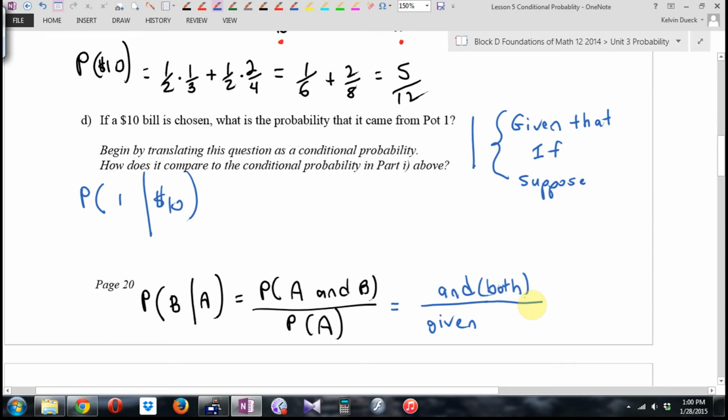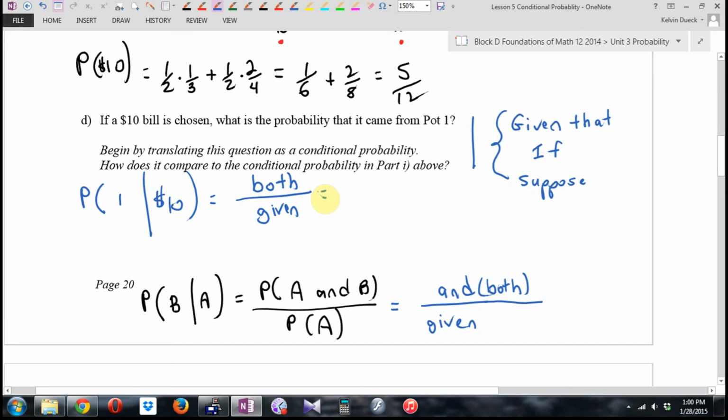Let's answer the question now, Kyle. It says, if you know that we have a $10 bill, what's the probability that it came from pot one? And I'm going to tell you it's going to be the branch that has both, divided by the given one. Look at the tree.